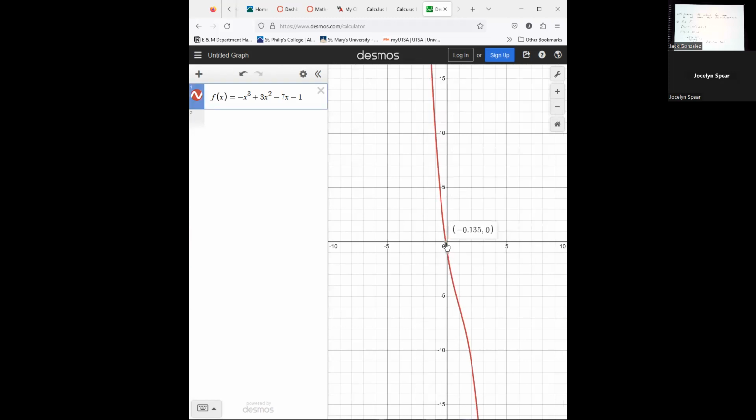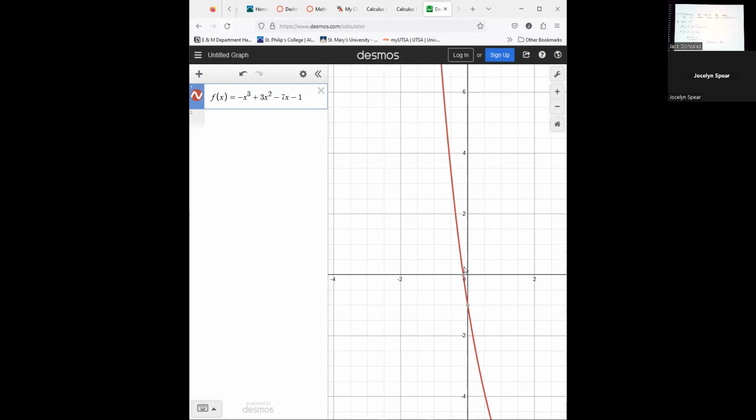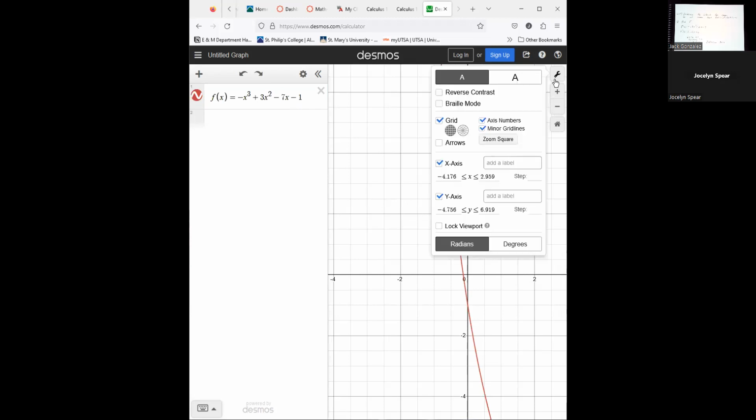So it's somewhere in here, I believe here it's this -1. It changed from concave up to concave down. I just have a crappy picture.